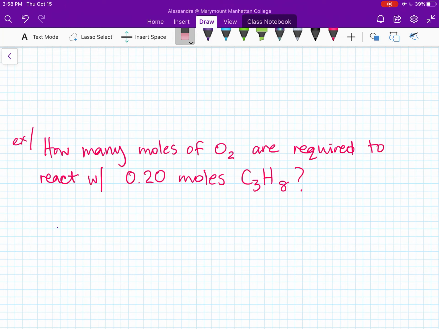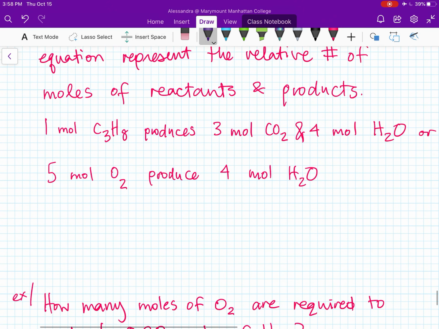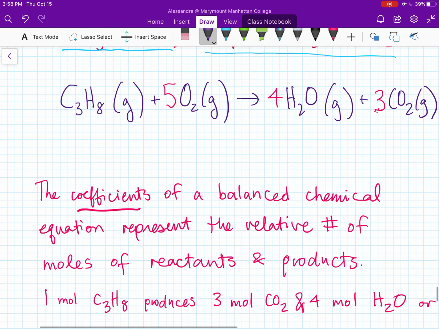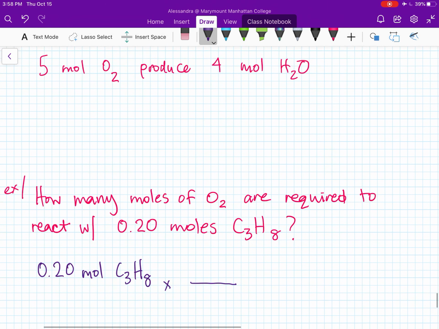If I have 0.2 moles of propane, then from the balanced chemical equation, from those stoichiometric coefficients, I can see that I have a 5-to-1 ratio of oxygen to propane.